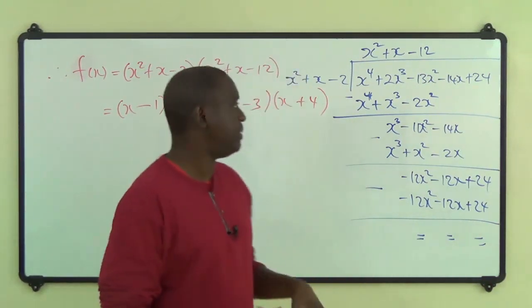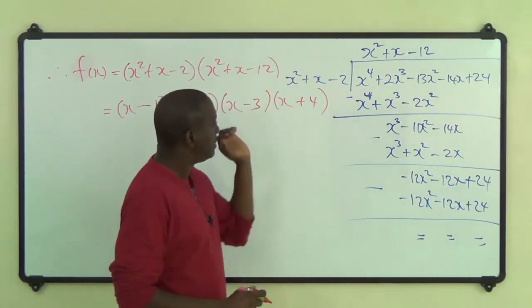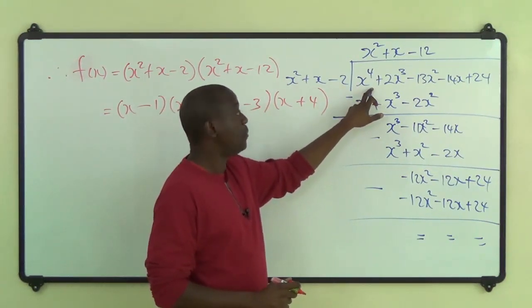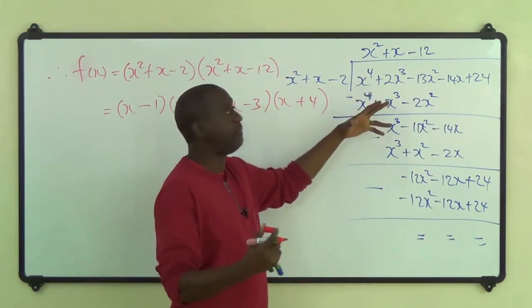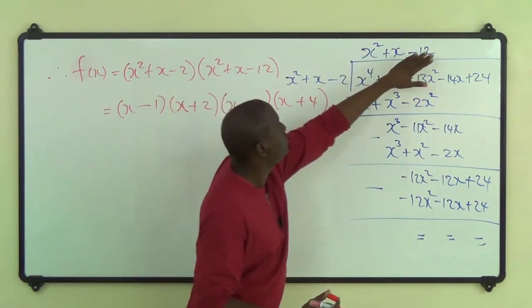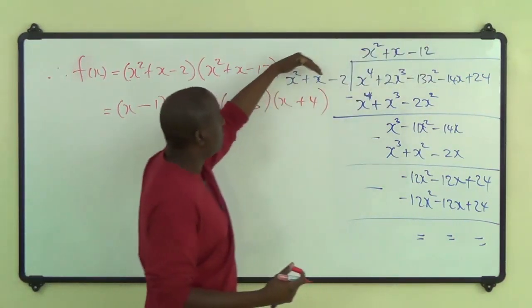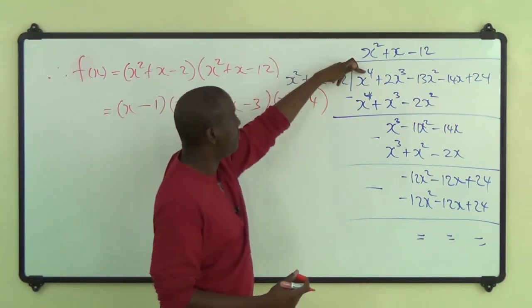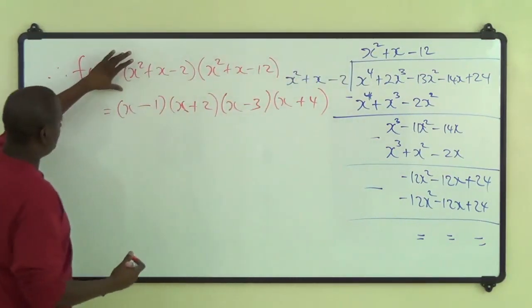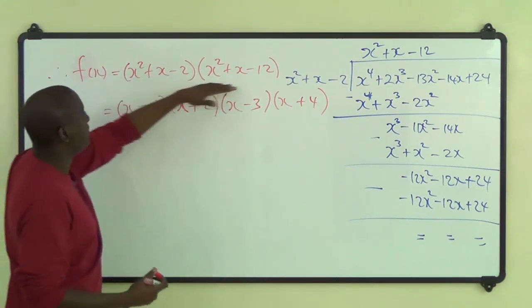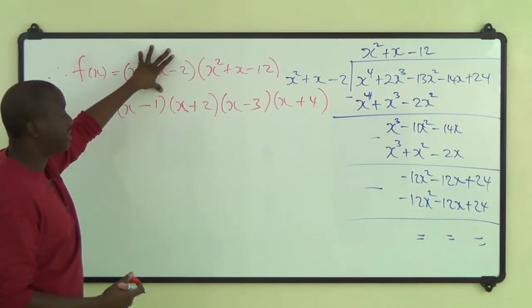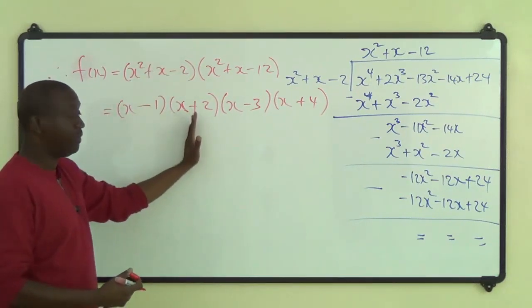So you see now, just as I would have mentioned, maybe in the second or third video, somewhere thereabouts, that you have a polynomial of degree 4, which you could factorize or break up into two factors of degree 2. Degree 2 multiplied by degree 2 will give you a degree 4. Then you take each degree 2 and factorize it further into degree 1 by degree 1.